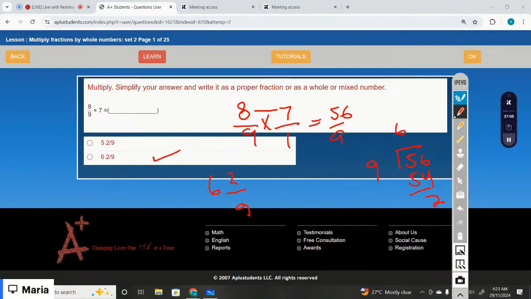Any question with this one? Let's just move on to the next one.